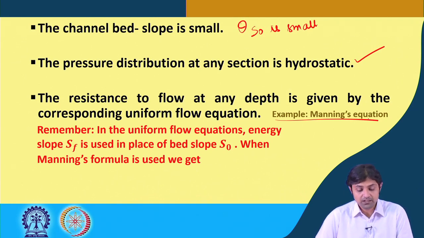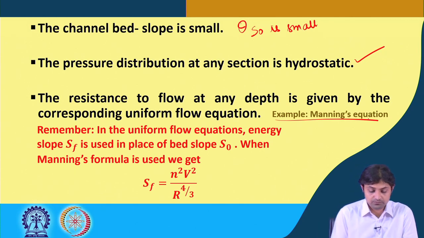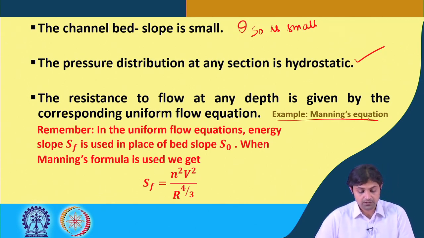You have to remember that in uniform flow equations, energy slope SF is used in place of bed slope S naught. When Manning's formula is used, we get SF equal to n square V square by R to the power 4 by 3. So, we have to keep this into account: instead of the bed slope S naught, the energy slope SF is used.